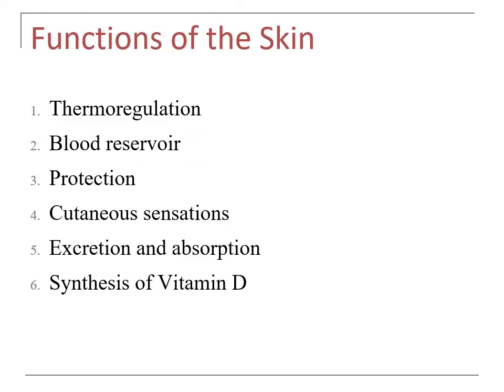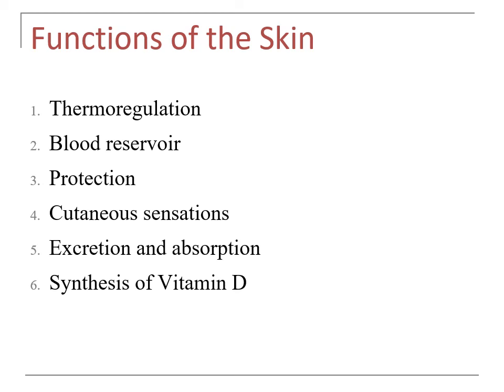Functions of skin. So here we can see some of the functions of the skin. First is thermoregulation. This is the homeostatic regulation of the body temperature. The skin contributes to thermoregulation in two ways: by liberating sweat at its surface and by adjusting the flow of blood in the dermis.